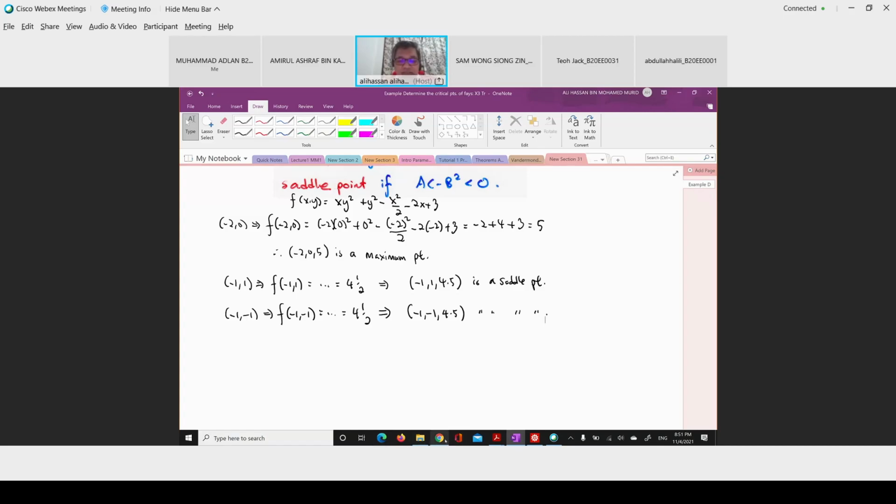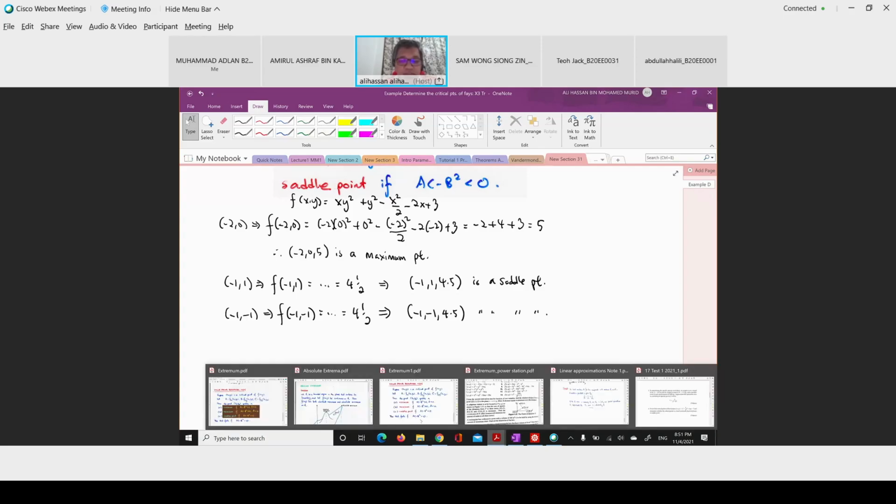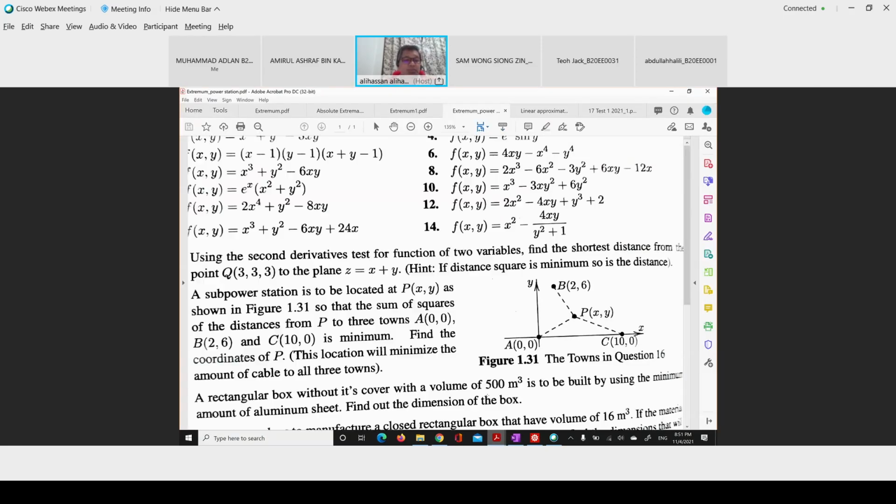Okay, let's see. I found one interesting question in the book by Dr. Yusuf Yaakob. The problem is related to electricity. So we can use the method that we have discussed just now to solve this problem.